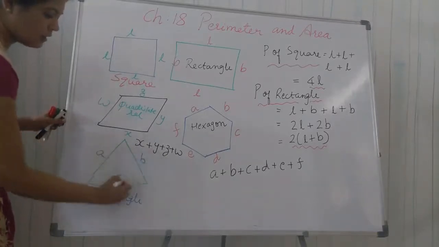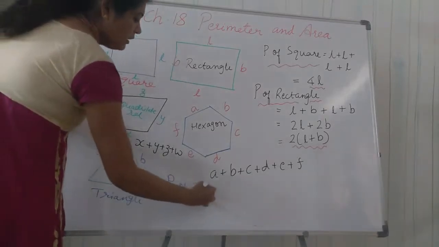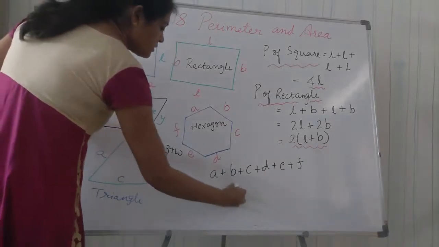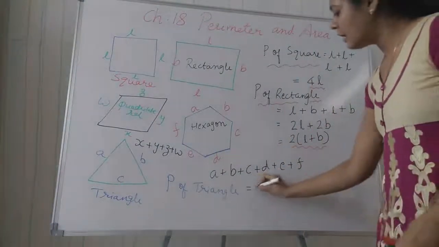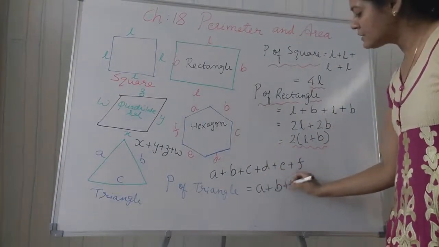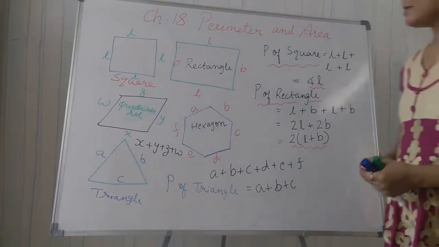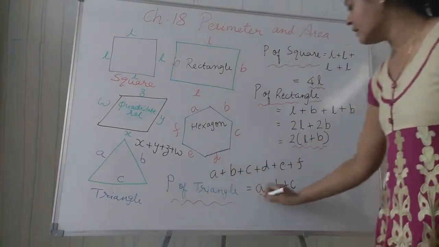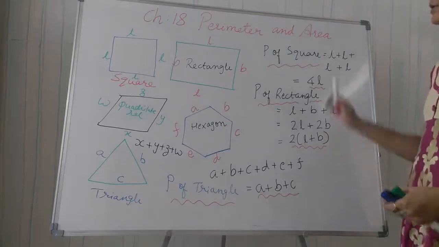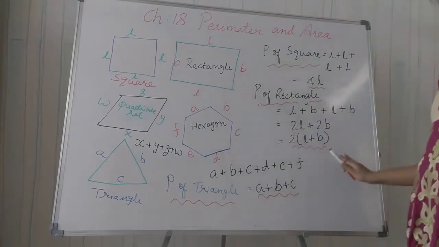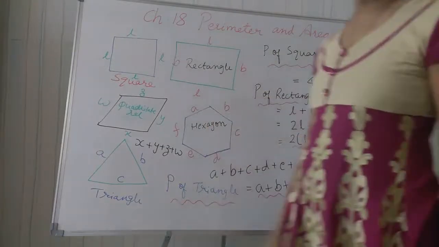Suppose they are A, B and C. Then the perimeter of the triangle will be the sum of all 3 sides, equal to A plus B plus C. So here we have seen the third formula, perimeter of triangle, the sum of all 3 sides of the triangle. So understand now, students, this is the concept of perimeter I explained with different figures.